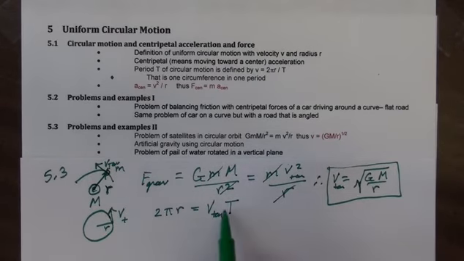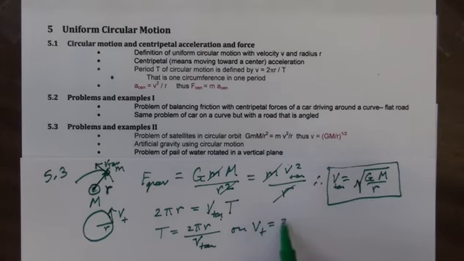So we can convert the tangential velocity into 2 pi r divided by the period. Or equivalently, the velocity tangential is equal to 2 pi r over T.